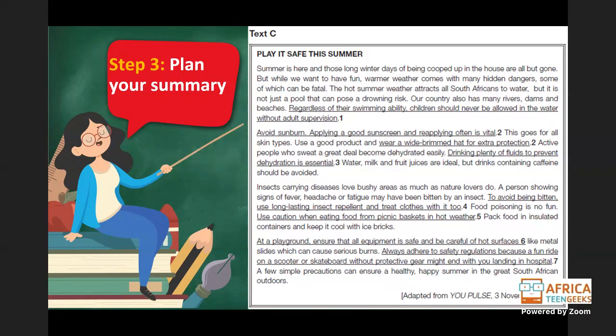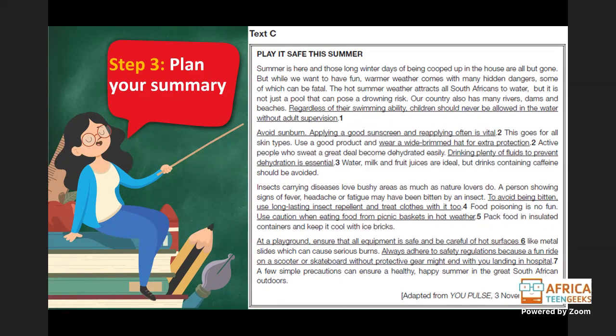When planning your summary, make sure that each of the sentences focuses on safety tips. So number the underlined sentences to check that you have identified 7 points. If they say 7 points in the question, then you have to make sure that you have identified those 7 points.